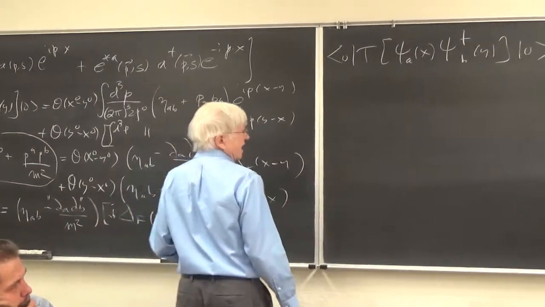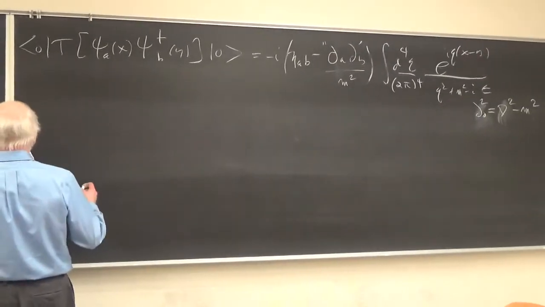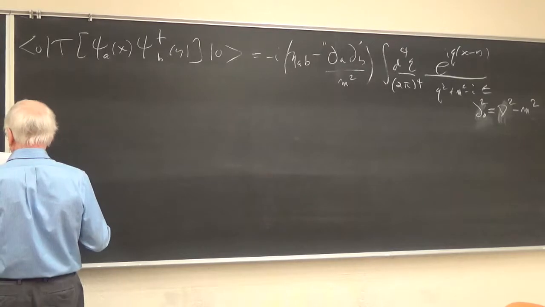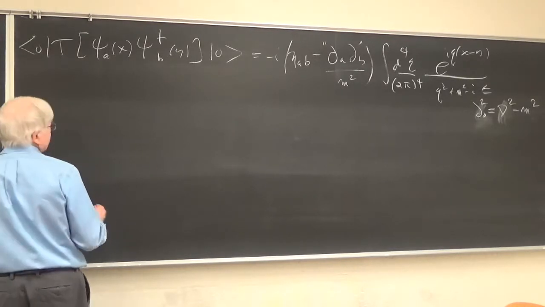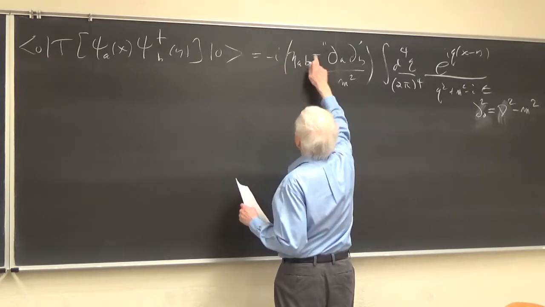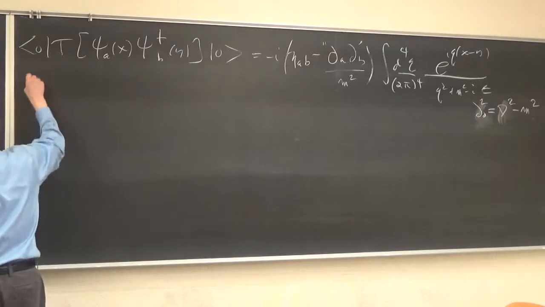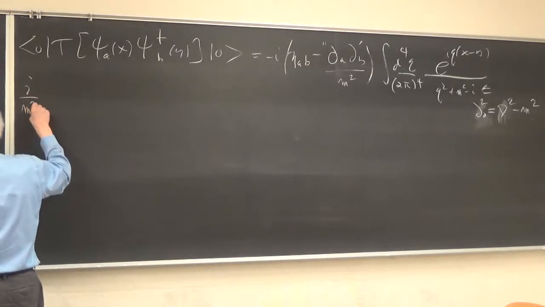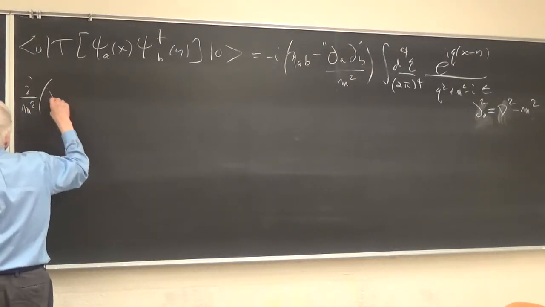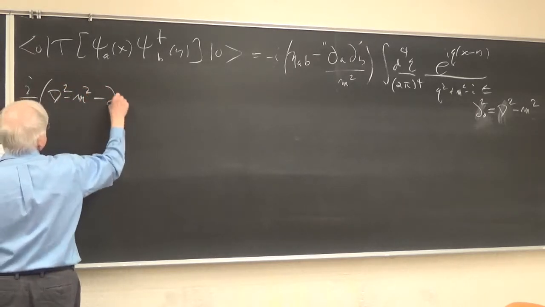Somewhere here there's an I over m squared. I forget where, but all right. Oh yes, we have minus I times minus, so that's plus I, 1 over m squared. So altogether we have to compute this: I over m squared, grad squared minus m squared, minus d0 squared.